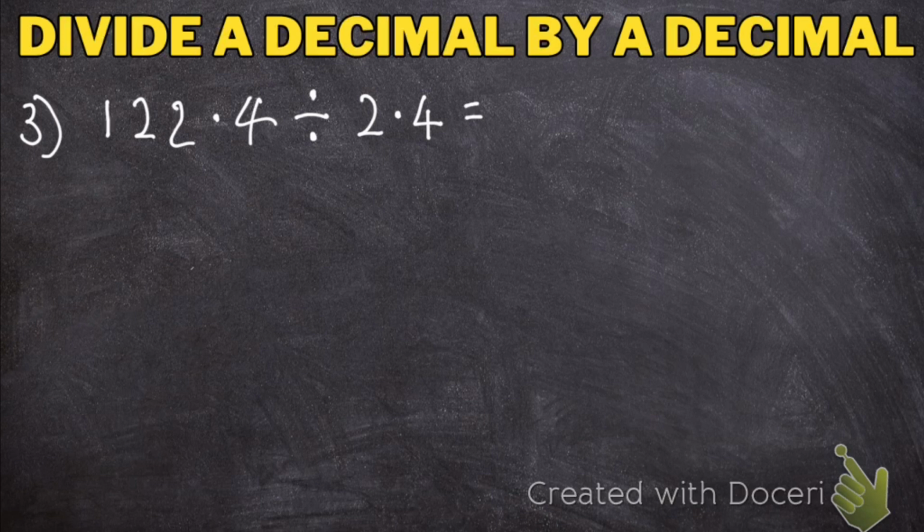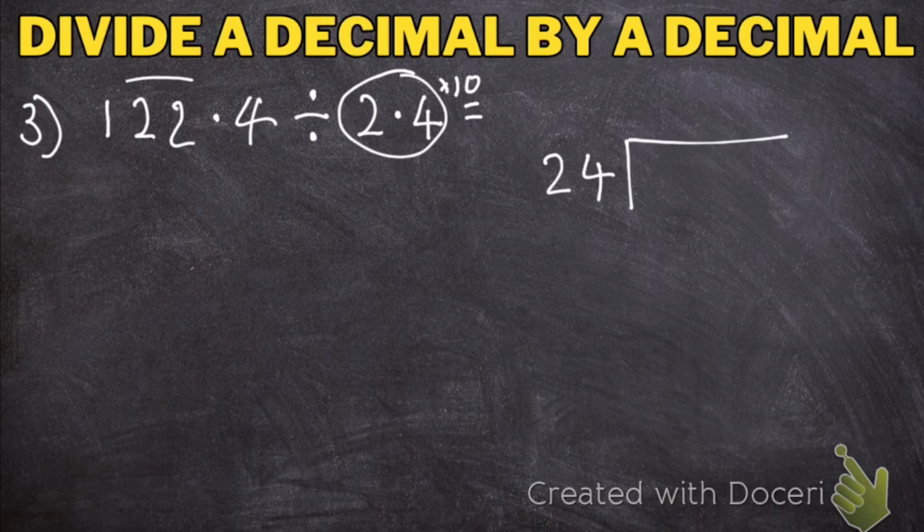So in this final example, we have 122.4 divided by 2.4. So as always, I'm going to start with the divisor first. I'm going to multiply this number by 10 to get 24. And I'm going to also multiply this number by 10, which is going to get me 1,224.